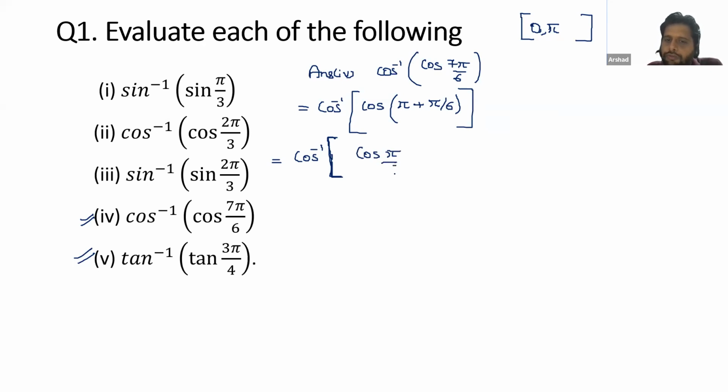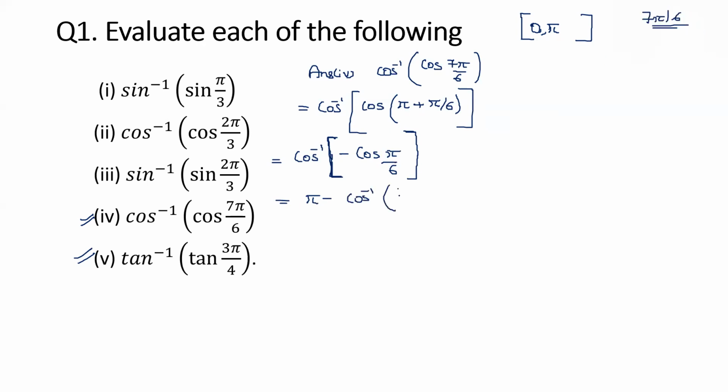Now, in which quadrant will this lie, Abdul? Pi plus pi by 6? The third quadrant, very good. So in the third quadrant, cos is what? Positive or negative? Negative, sir. So cos inverse of this one is minus cos pi by 6. So what is the formula we have? Pi minus cos inverse x.